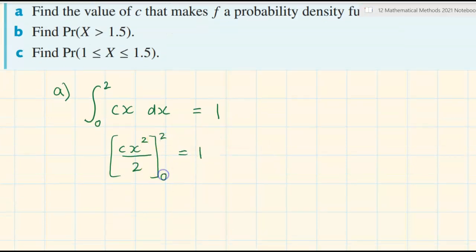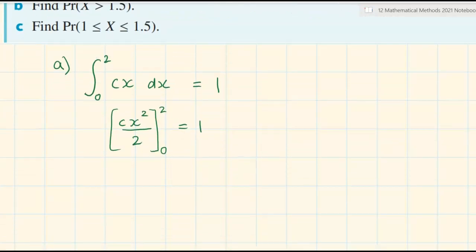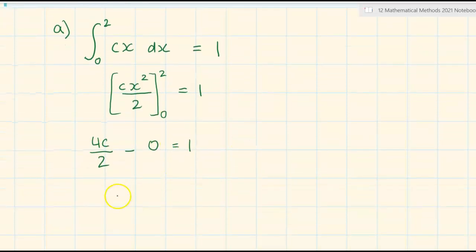Between 0 and 2, we substitute in our values. When we sub in our upper value, we're going to get 4c over 2 minus 0 over 2 equals 1. So 2c equals 1, therefore c equals a half, or 0.5 if you want to go decimals, that's fine.